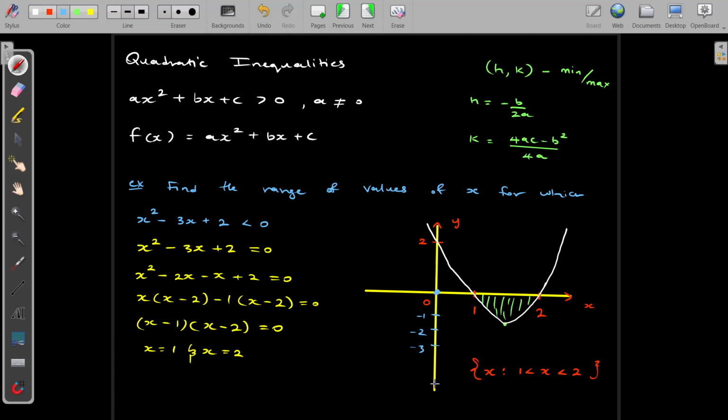So all y values below the graph, below the x-axis, will be less than 0. So we're looking for the piece of the graph that falls in that category. So this piece of the graph that is shaded is where the y values are less than 0. Cool?